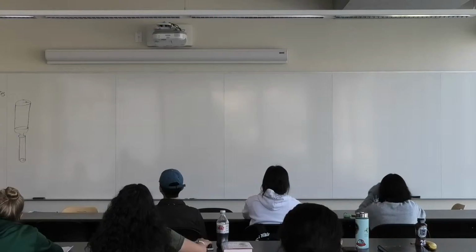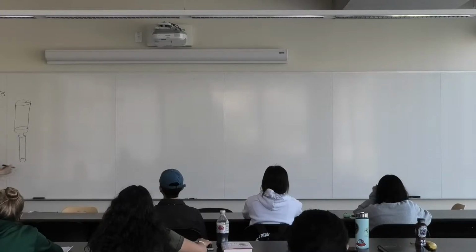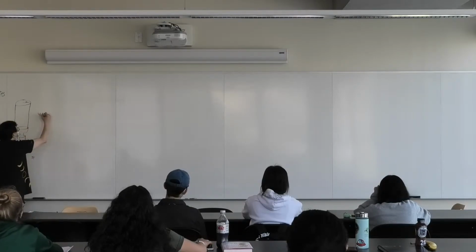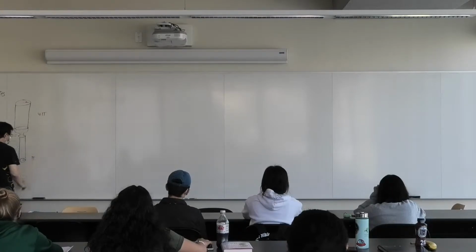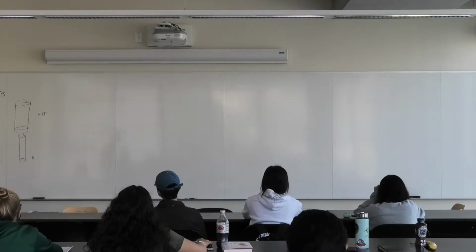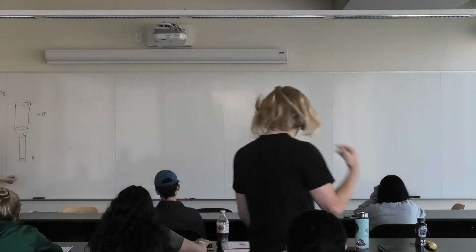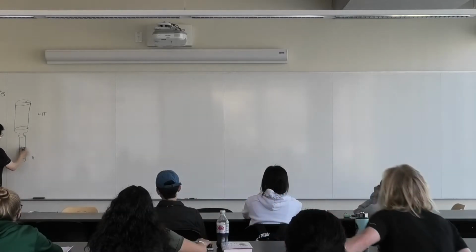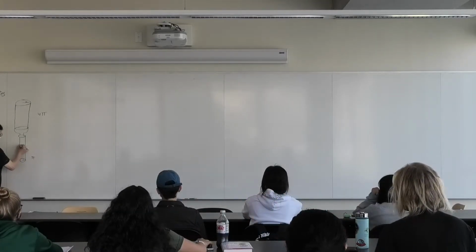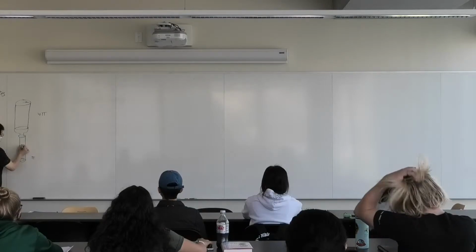So the area of the pipe is just going to be pi r squared, or the area of this is going to be 4 pi, just pi. And we have a little floater here.